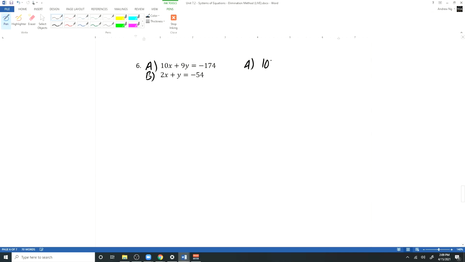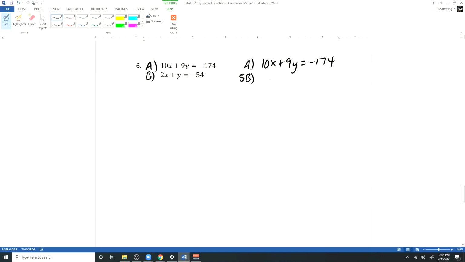So a will be 10x plus 9y still equals negative 174. But I will end up multiplying everything in equation b by 5. So this will be 5b, and this is why labeling our equations is handy to see where we got these numbers from and what equation we're working with.